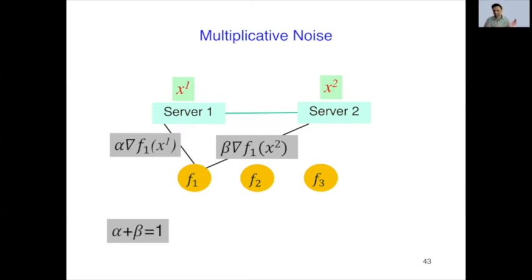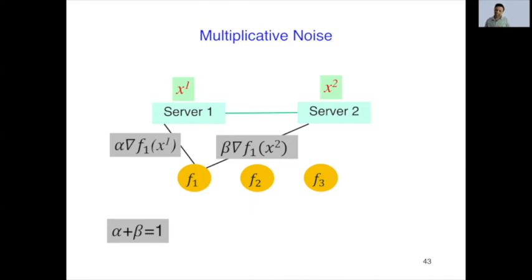But instead, it is going to scale those gradients by some factor and upload them such that the factors add up to one. The additive noise is similar, where agent one will add some noise, let's say epsilon one, to the gradient sent to server one, and add noise negative epsilon one to the gradient sent to server two.